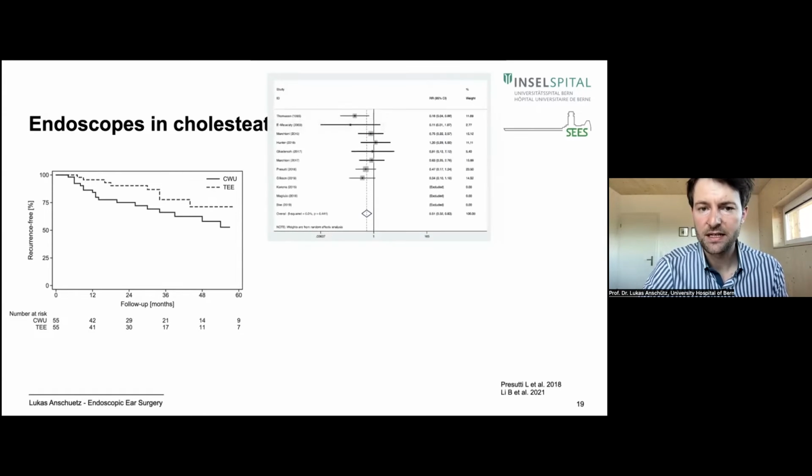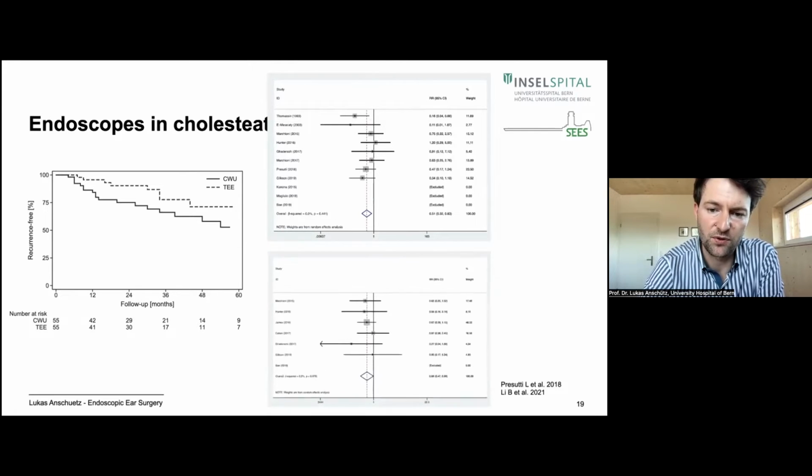If we look at the systematic review performed by Lee, you can see also there is a small advantage for endoscopic ear surgery. Of course, the studies inside this systematic review and meta-analysis are not randomized controlled trials, but still I think there is some advantage, because very simply you can see very well and you can do a minimally invasive procedure.